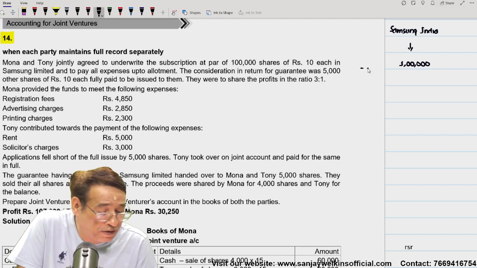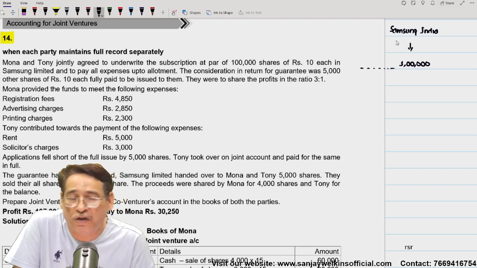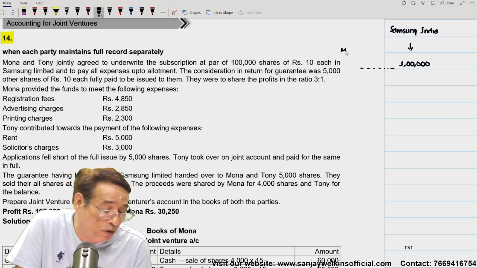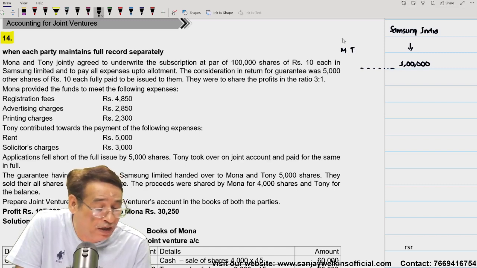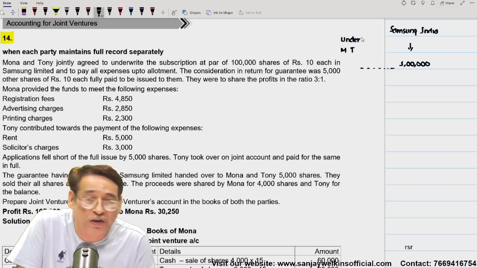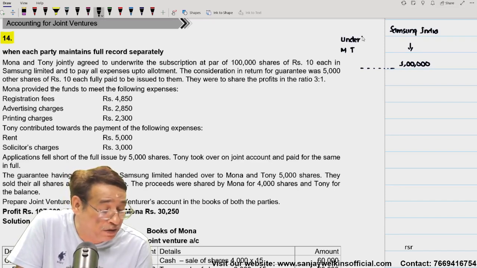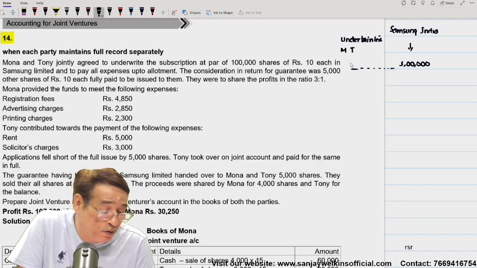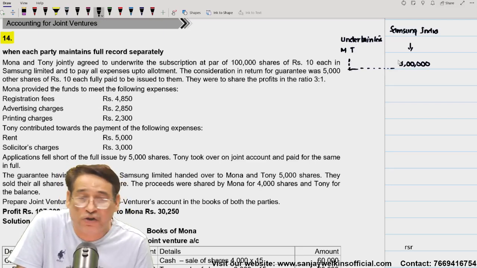So in order to play safe, generally such entities enter into a contract with underwriters. In this case, there are two co-venturers by the name of Mona and Tony, and they are working as a sort of underwriters. That means they undertake the guarantee to get the shares subscribed on behalf of the entity. So Samsung India Limited entered into a contract with Mona and Tony Limited, and they undertook the guarantee to get the shares subscribed.